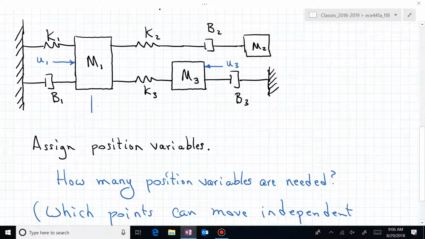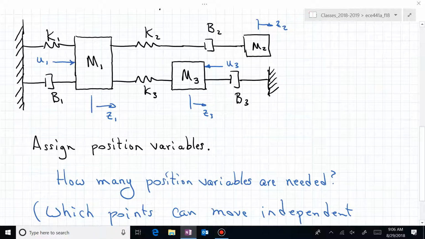Here is position 1. Let me call that Z sub 1. Well, if we just continue with that, we have Z sub 2, and we have Z sub 3. Those are some position variables that we can identify.